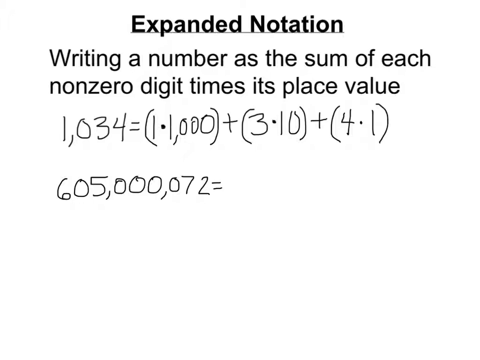The first non-zero digit is 6. And if I take a look at my groups, this is the ones group, or the base group. This is the thousands group, and this is the millions. So this would be the millions, 10 millions, 100 millions place. So 6 times 100 million.